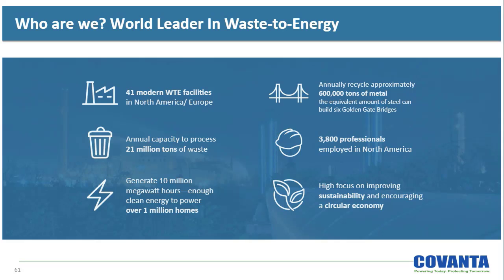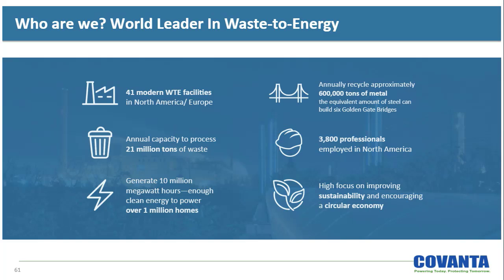So talking about our company, Covanta, what we do, we work in an industry called waste to energy. That means that we take in mostly residential trash, virtually all residential trash, and we combust it to create electricity. So we have 41 modern waste to energy facilities in North America, that's Canada and the US, and Europe.